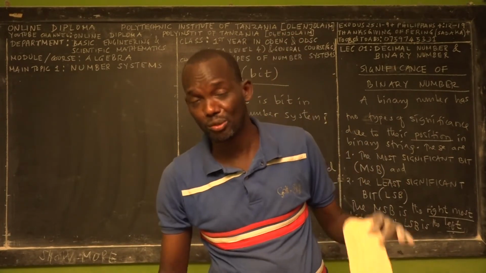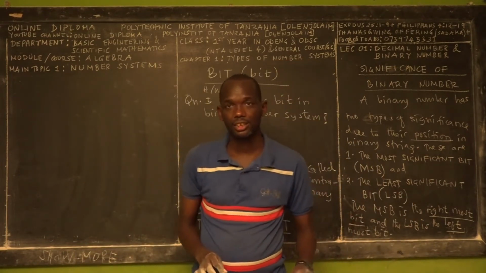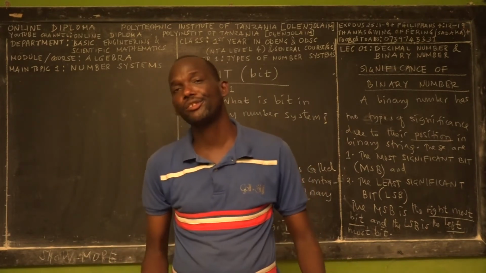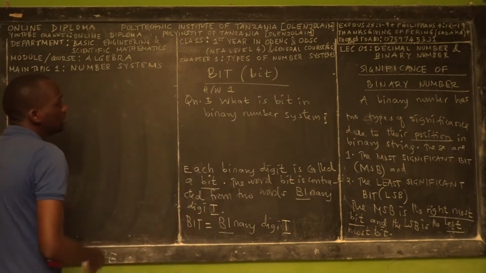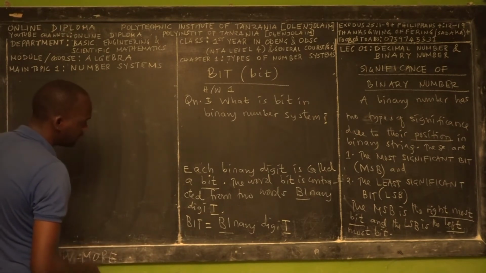Very important. They will be mentioned in different cases. Even in converting a fractional decimal number into a fractional binary number, we'll be using this concept of most significant bit and least significant bit.